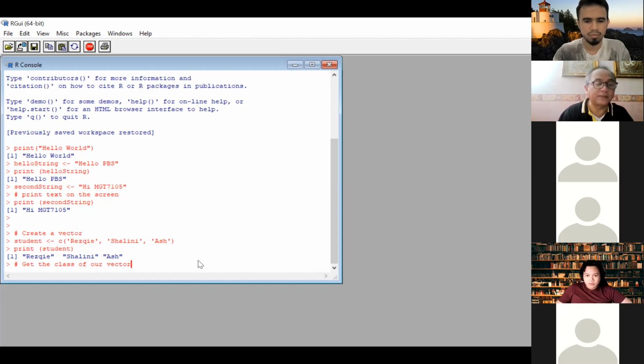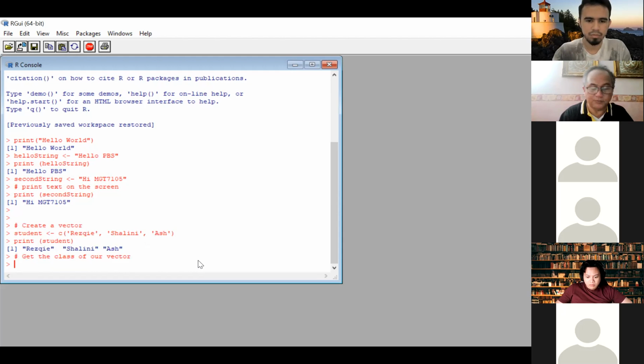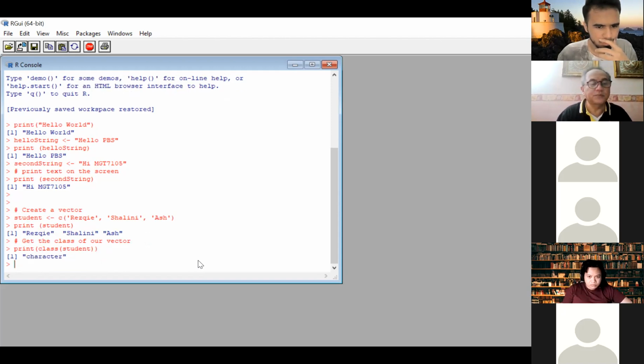So we can enter and then you print. So the memory is still there, plus the class for the student. The class is character. So you can create other characters.